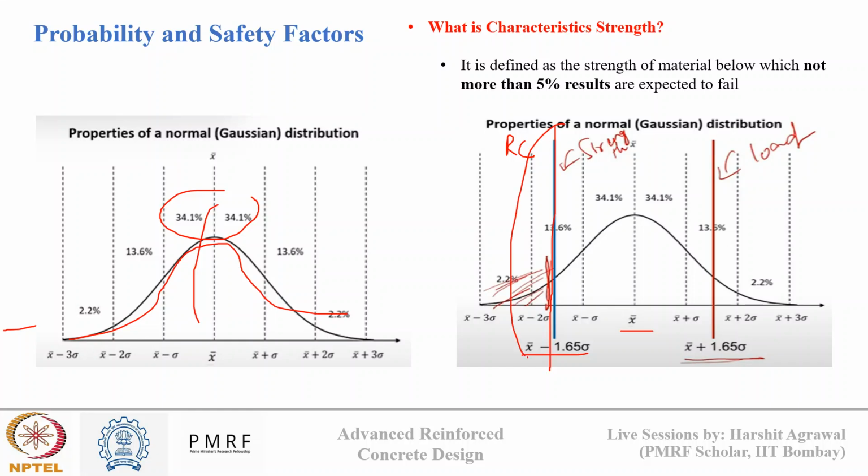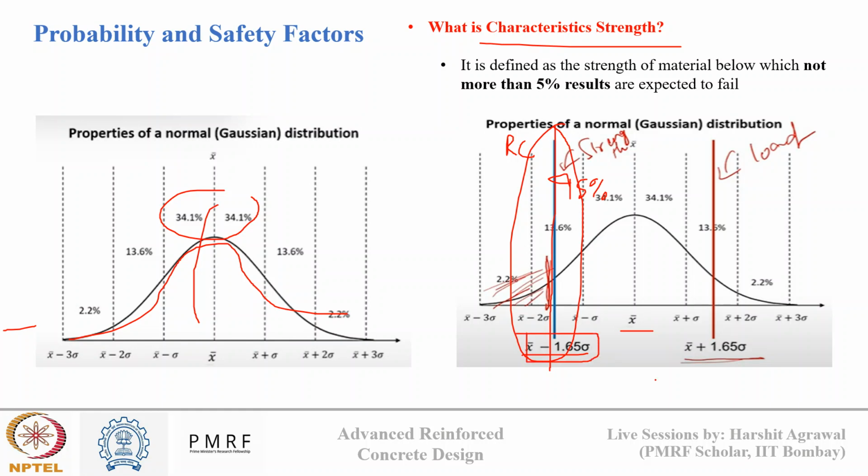This value represents the characteristic strength of my structure, ensuring that 95% of the samples will exceed this. So more than 95% of the cases will exceed this line, which is ensured by taking this value as strength.